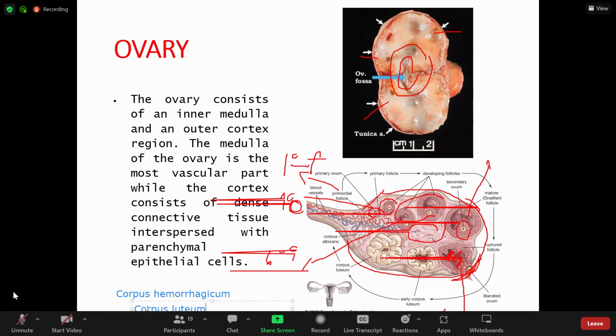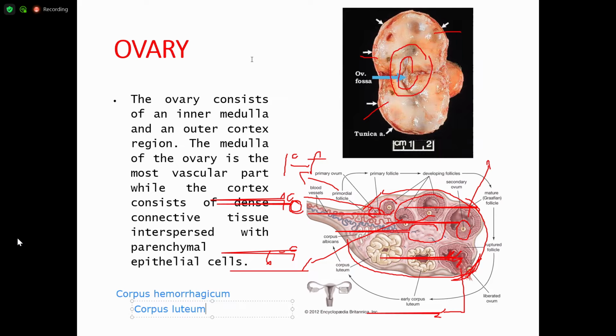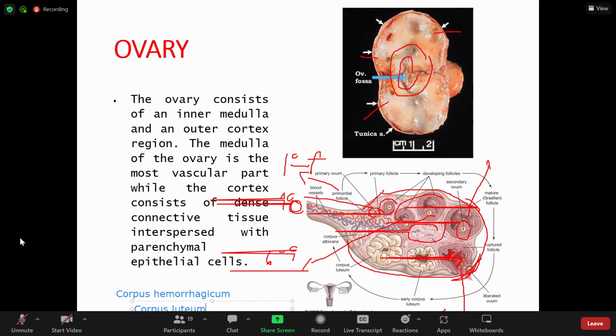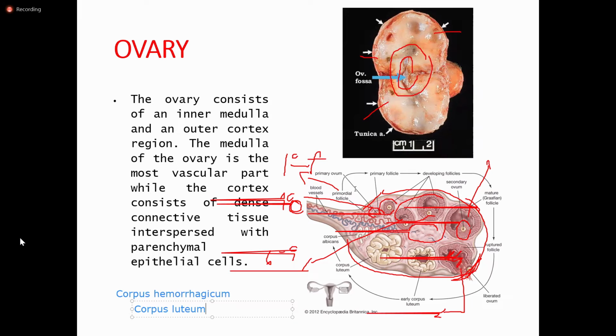And then, sa mga readings ko, we have also different types of corpus luteum. Okay? We have the corpus luteum of non-pregnancy and then corpus luteum of pregnancy.